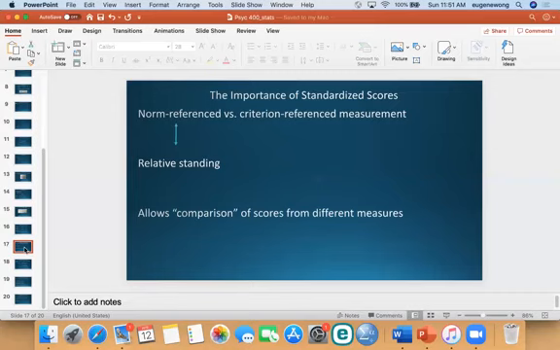When we do evaluations of children, for the purposes of trying to make a diagnosis of some learning related concern, we are making that diagnosis in a norm referenced manner.